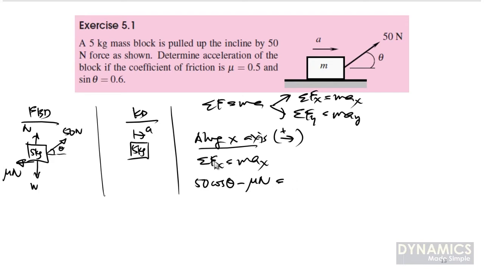This is the summation of force part, equals m, which is 5, times ax. Ax is our unknown. Okay, that's it. We can't solve the problem yet.